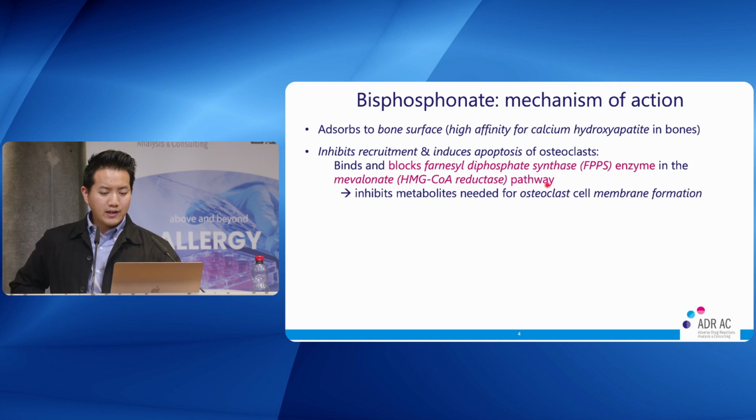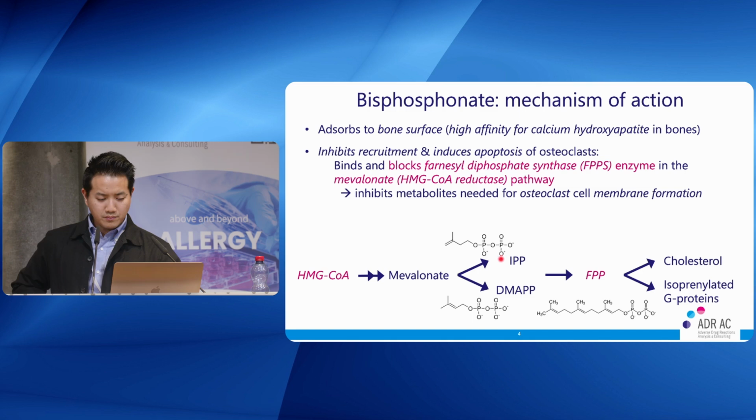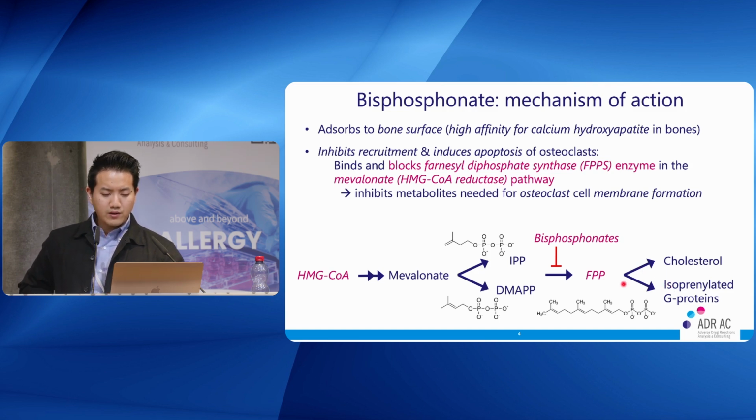And this pathway here is very important because this mevalonate pathway is finally leading up to the formation of cholesterol and isoprenylated G proteins, which are very critical for the formation of cell membranes. So here you're actually coming in with the bisphosphonate, inhibiting this part, and therefore not allowing the cholesterol and other critical lipids to form to help support osteoclast formation.